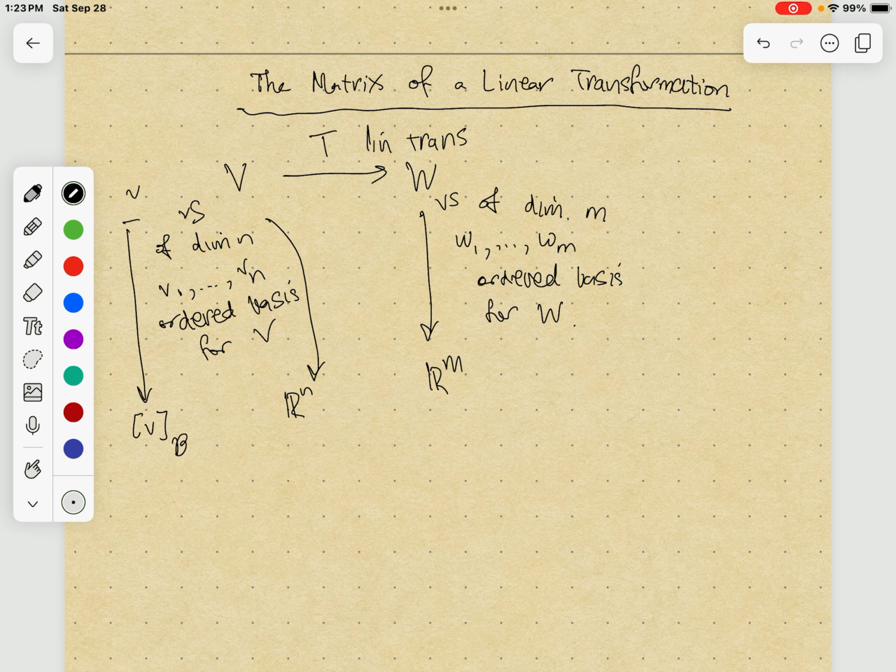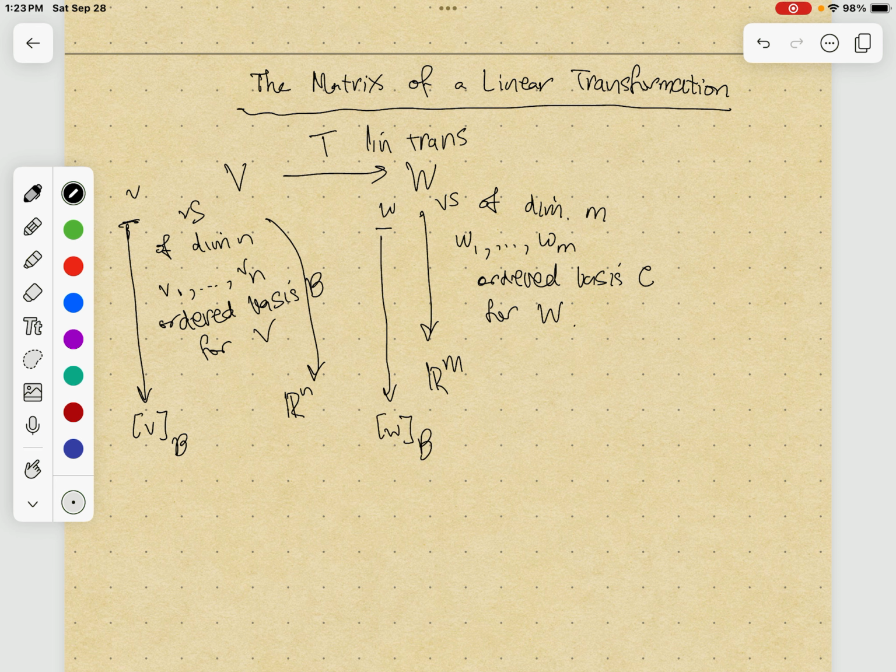Let's say this basis V1 through Vn is B, and let's say the basis W1 through Wm is C. Okay, like curly B, curly C. So you have this map that sends the vector V to the coordinate vector, which is V with the brackets and then a B on the bottom right, and then you have this map that sends the vector W to the coordinate vector in Rm.